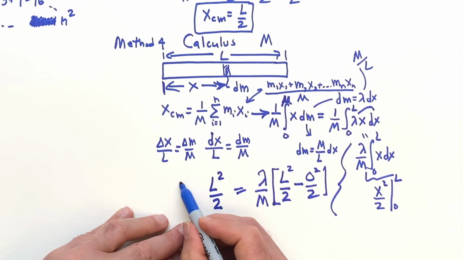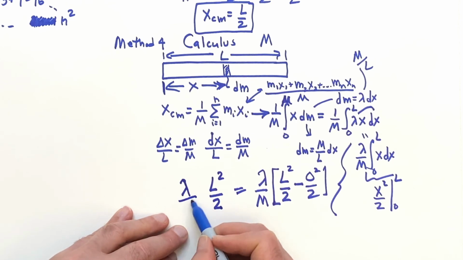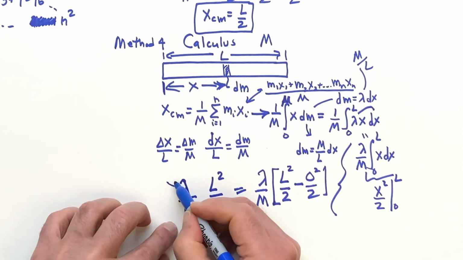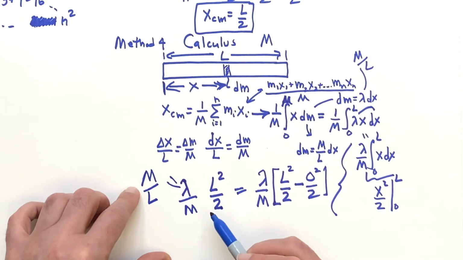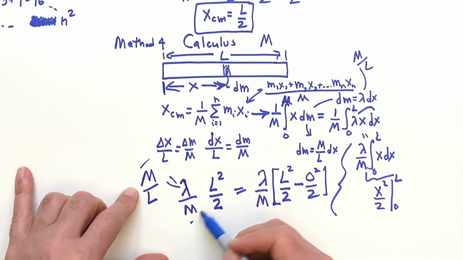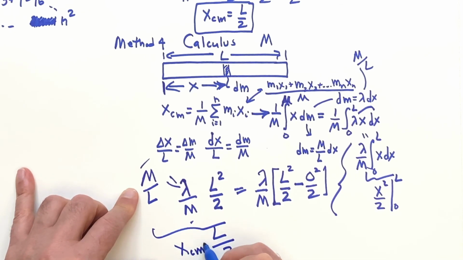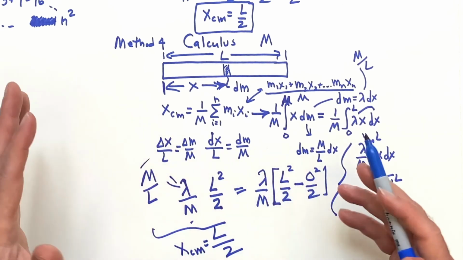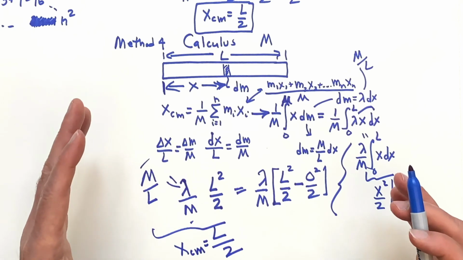And then you have lambda over M, and the lambda is your mass divided by your length, your density. So that means the masses cancel and one of the L's cancels, and you wind up with L over 2, which is our result for the center of mass. So you basically do the equation in one line is what you're doing there.